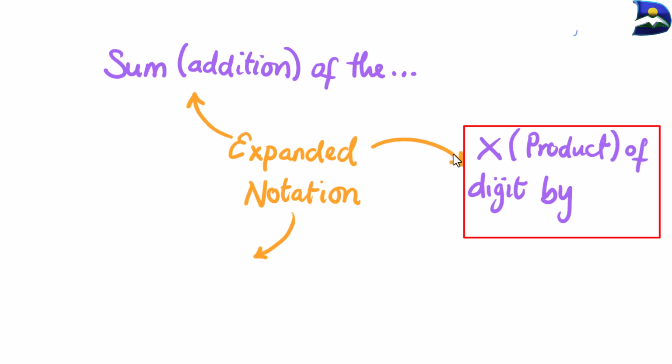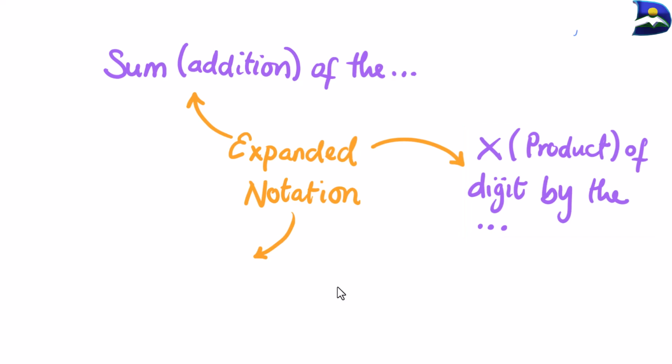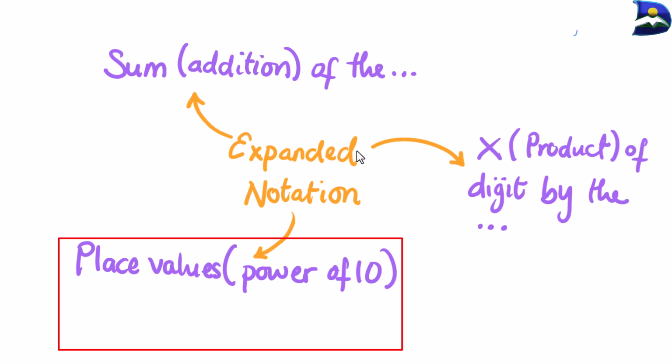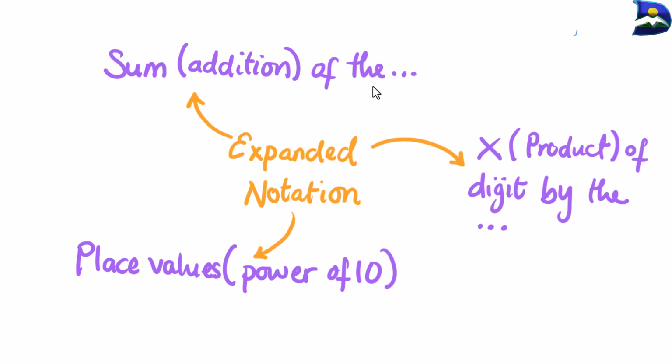And this is going to be by the what? Final step. And the final step is the place value or the power of 10, that digit is positioned in the number. And so these are the three things to remember when it comes to showing expanded notation.